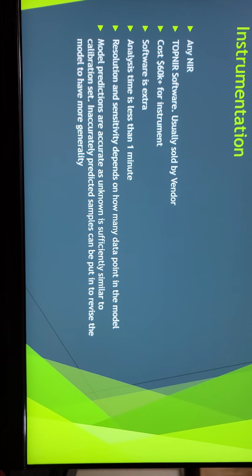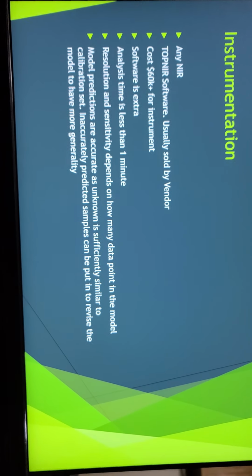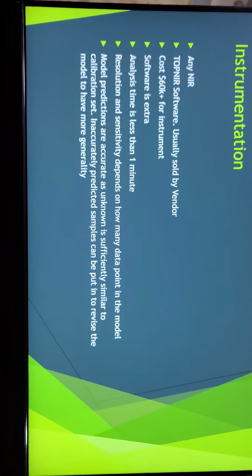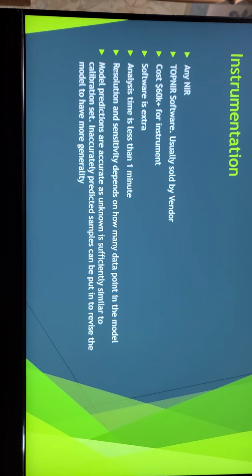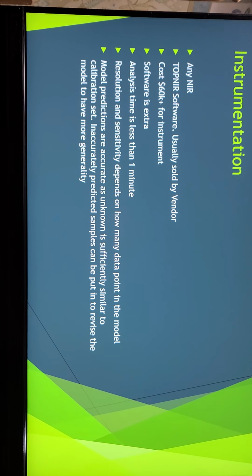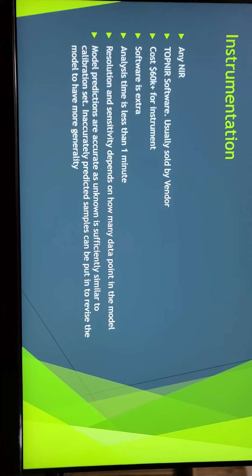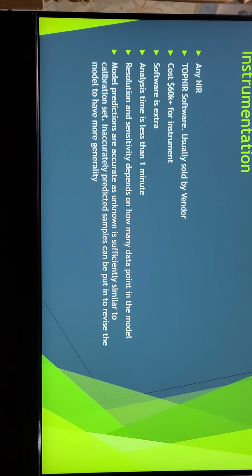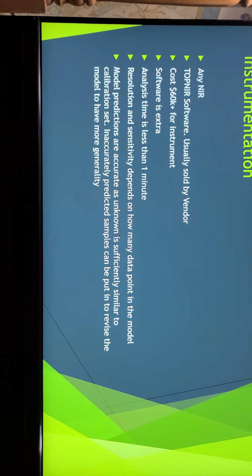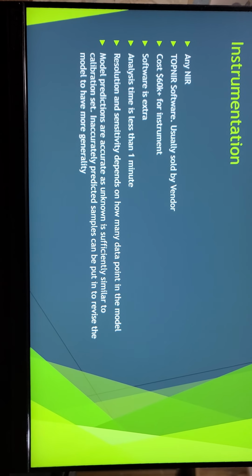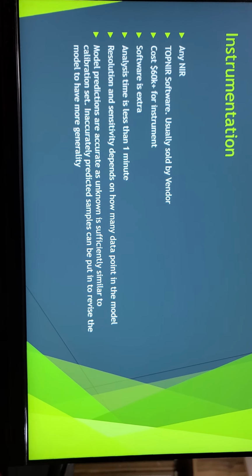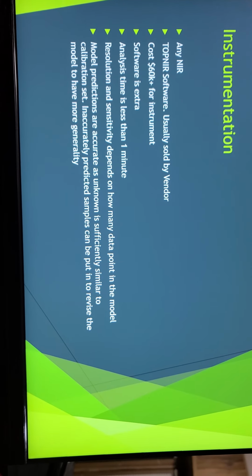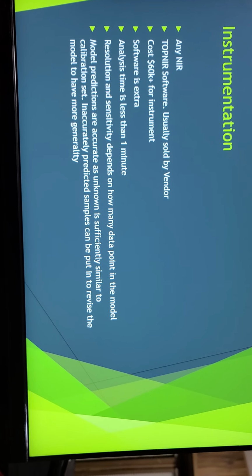So the instrumentation used for this method, you can use any NIR. What I found was most companies just sell NIR, so you just need NIR to first run your sample, and then from there you have to use the top NIR software, and that's usually sold by your vendors.